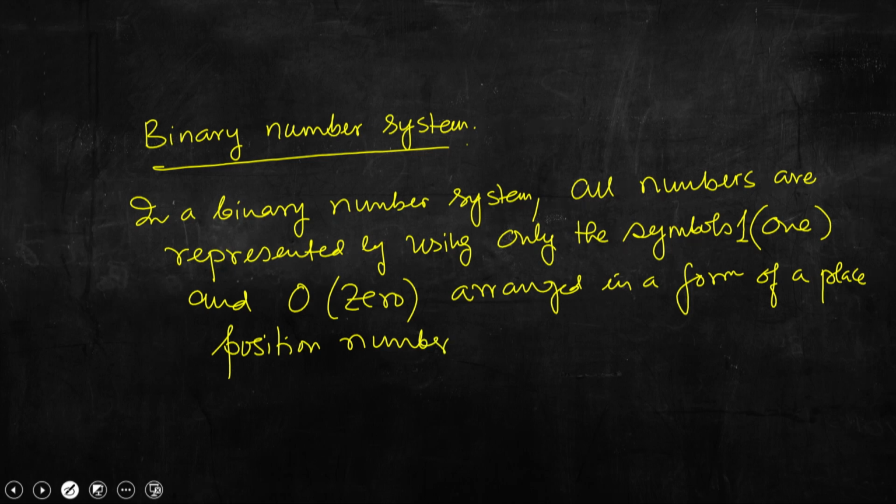We shall discuss this taking an example. So, in a binary number system, all numbers are represented by using only the symbols 1 and 0. These two states make it binary.